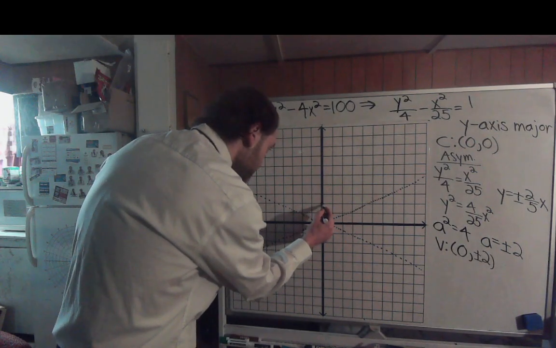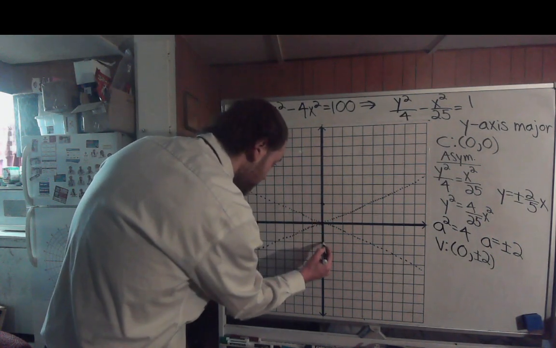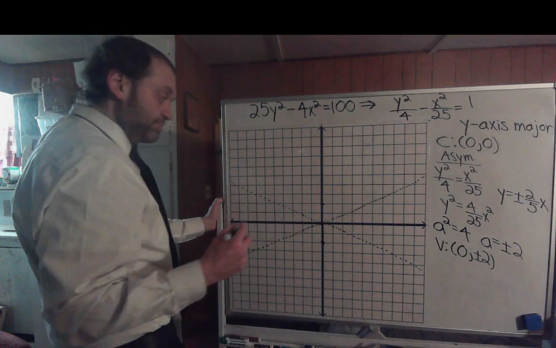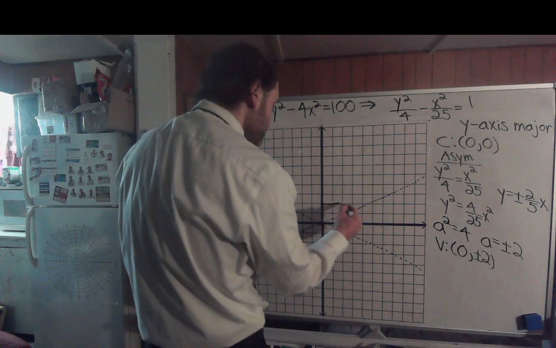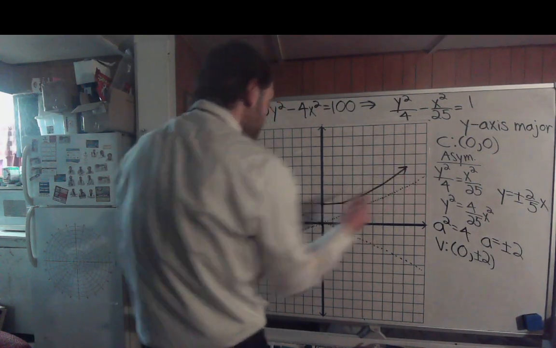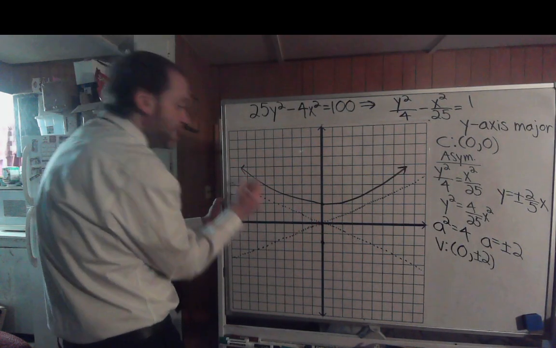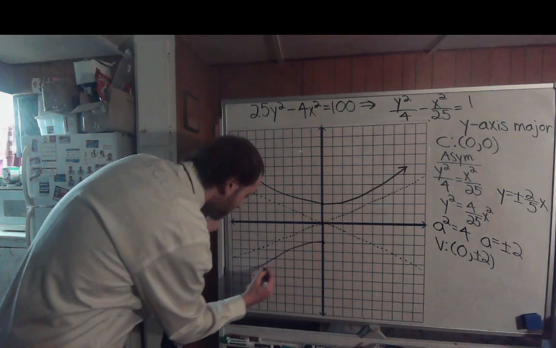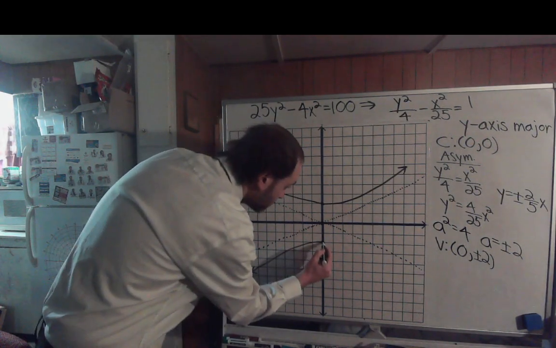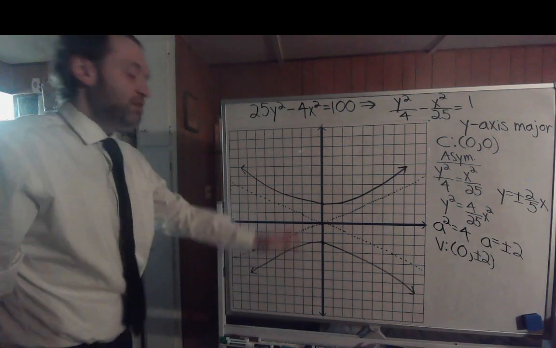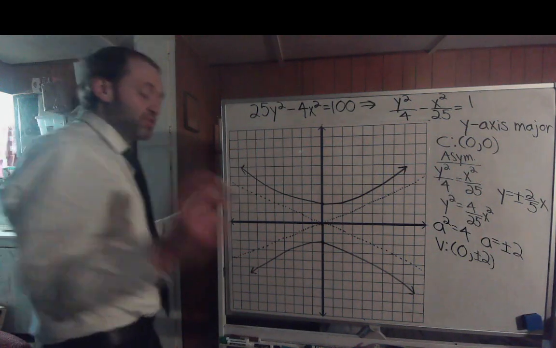So there's your first vertex at 0, 2, the second one at 0, negative 2. At this point, we have sufficient points to graph the shape of this hyperbola, a nice fat one. Those asymptotes help guide the shape of the curve, but we also need to find the foci.